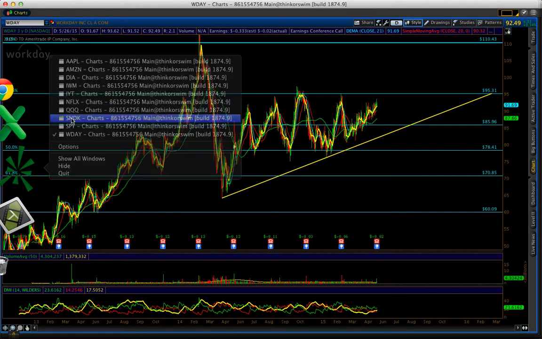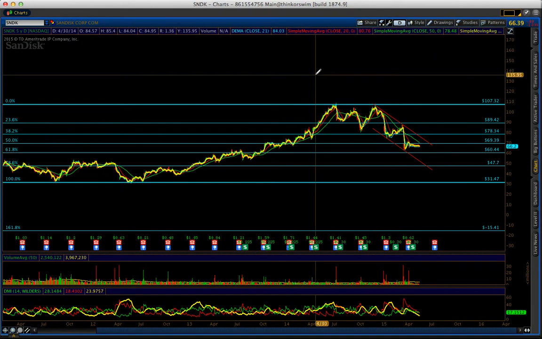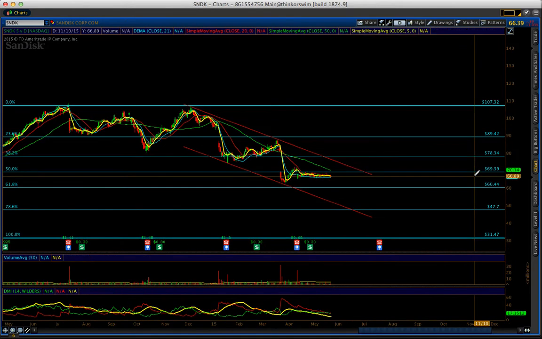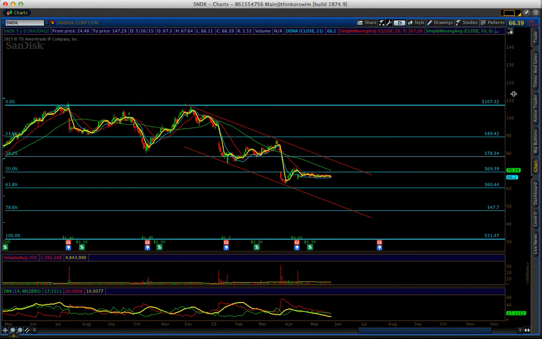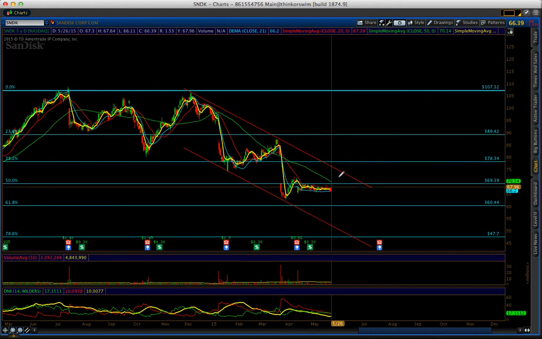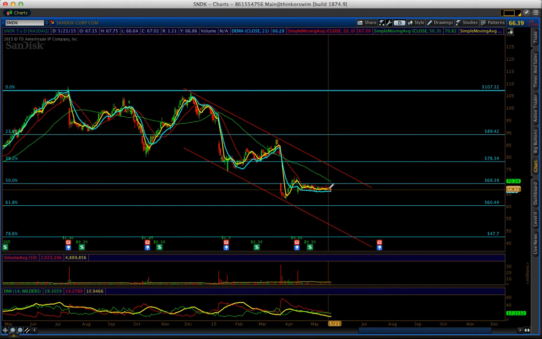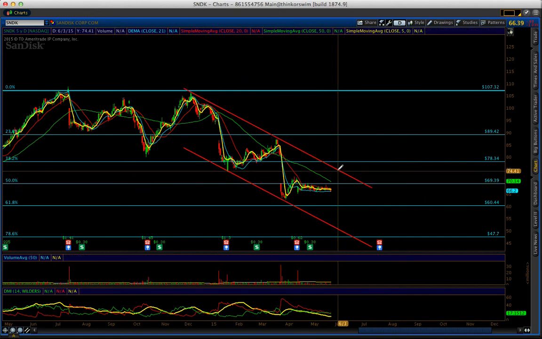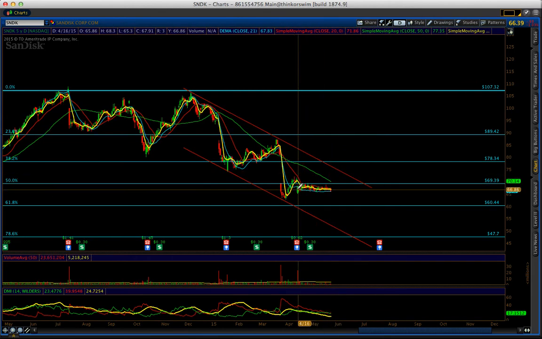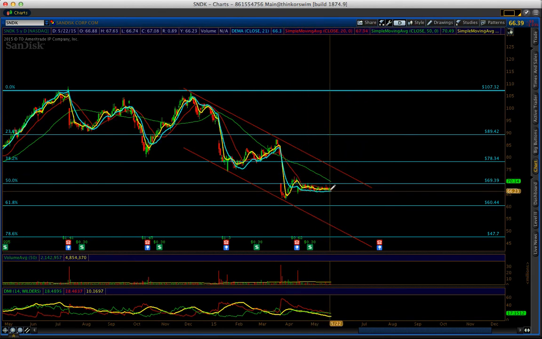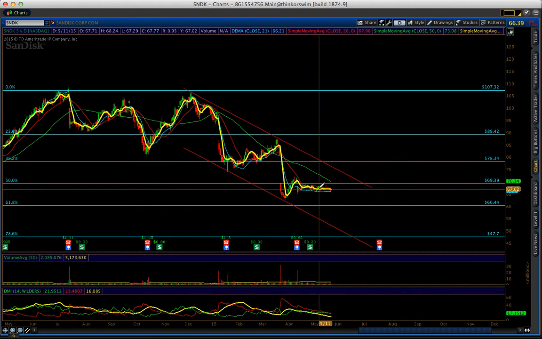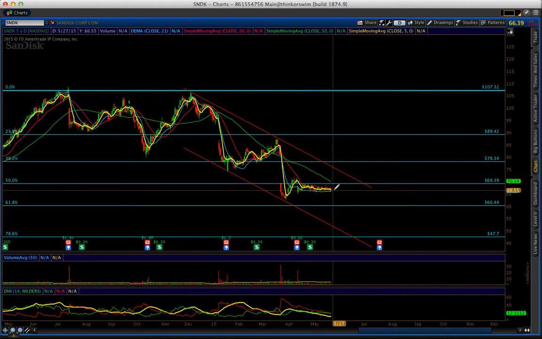Now let's talk about SanDisk. SanDisk, as you can see here, is broken, price is moving down. I would like to sell short as soon as the bulls take price to the top of this channel. That's when you have to get short. I don't want to get short right here because look at this. Almost 20 days moving sideways right here, burning the puts and burning the calls.